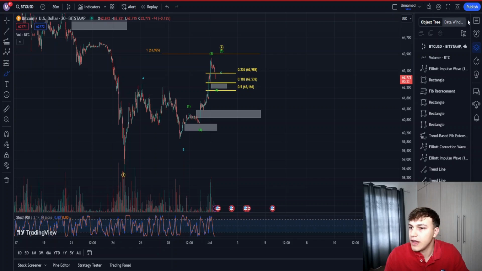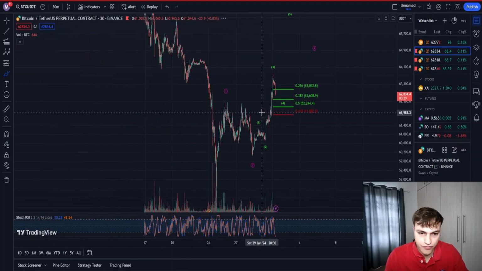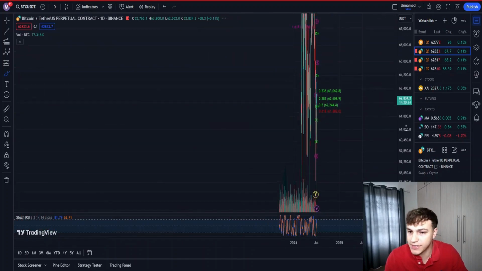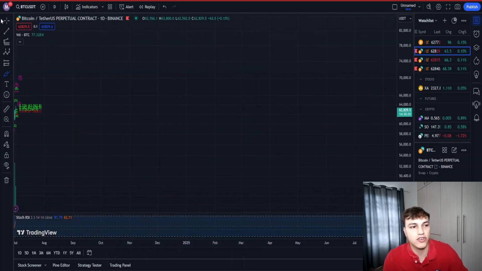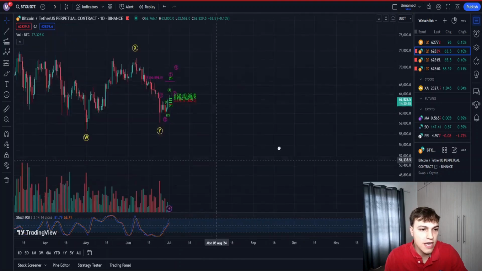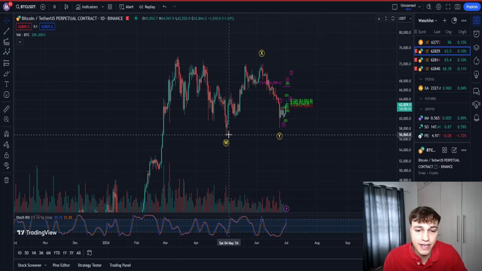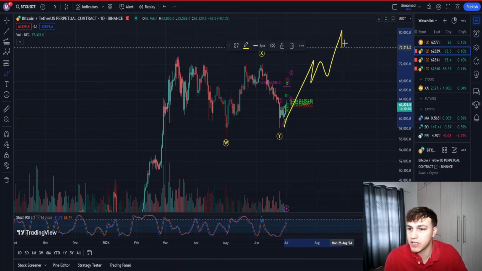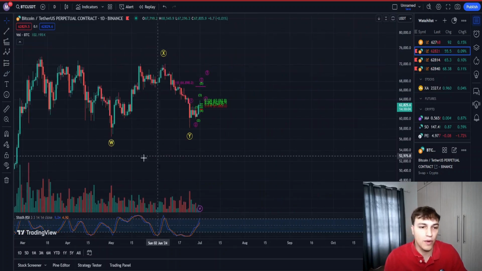On the more bullish scenario, we have this on the daily time frame. Now, on the daily time frame, we have this WXY structure. I'll show you now. This WXY structure where the low is in, and we are looking now for impulsive moves to the upside, targeting the larger $80,000 to $85,000, but we'll talk about that more when we're there.